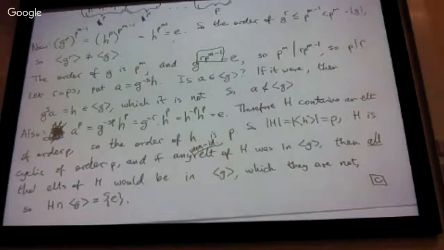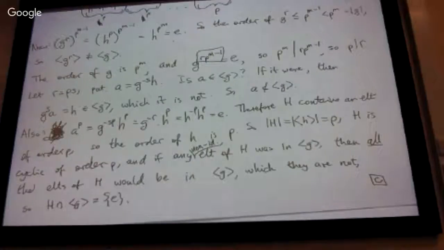Why is little h in? Where is it? Why is a? The book says that if you put a = g^(-s) h, a can't be in G, because if it were, then h would also have to be in G. Yes, well, I wrote that.